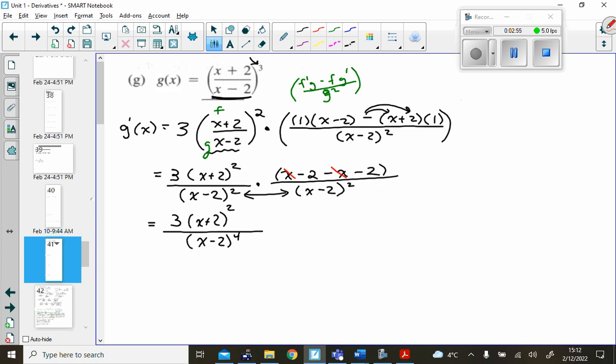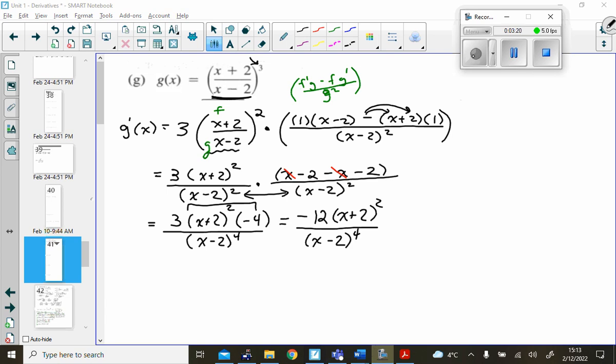Negative 2 subtract another negative 2 makes negative 4. So then we can grab these coefficients, put those together, and get negative 12 x plus 2 squared over x minus 2 to the 4th power.